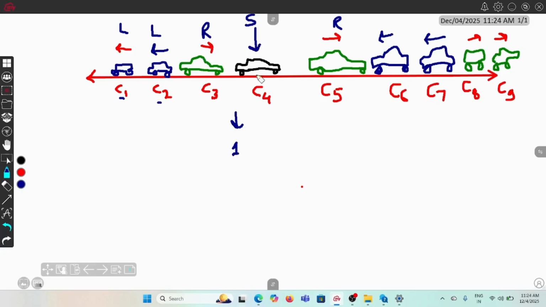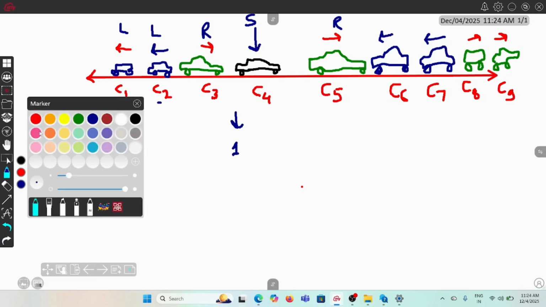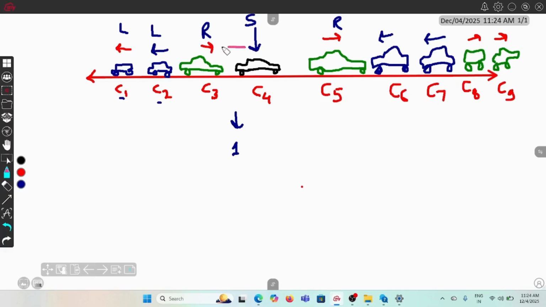After colliding, they become a single staying point. So this C3, after colliding with the staying one, becomes a state S only. When a new car comes, it would collide as it is, treating this as a car staying at one place after the collision. So here we got 1, and now it becomes a stationary point.